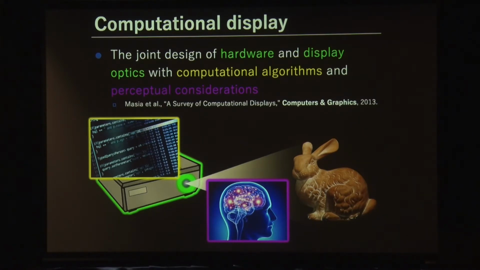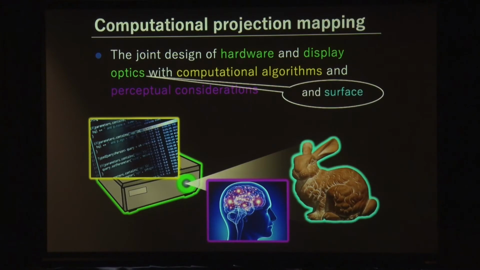If we think about the whole projection mapping system, there is a missing but very important component. That is the surface. We call this joint optimization framework computational projection mapping, and developed several systems overcoming the current limitations by combining two or more components. I'm going to introduce a part of our achievements during this Shitsukan project.